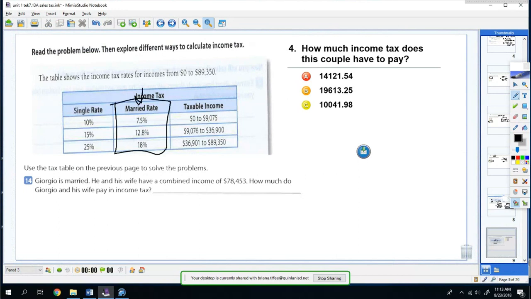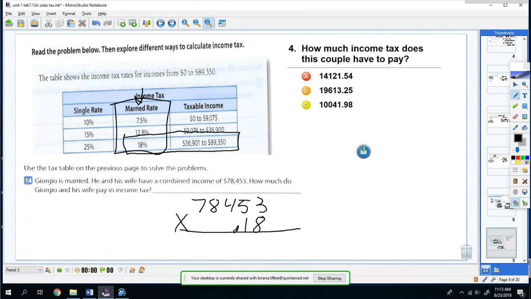Since they make $78,453, they're going to be in the last column as well. So their income tax rate is going to be 18%. You're going to do $78,453 times 18%, which is 0.18. When you multiply that together, you get $14,121.54. So the answer is A.